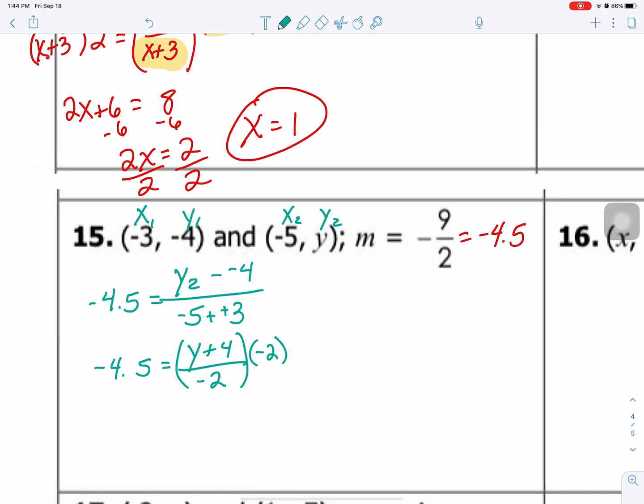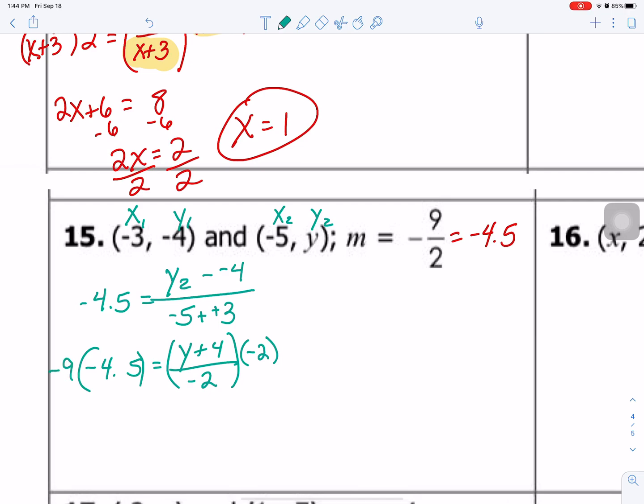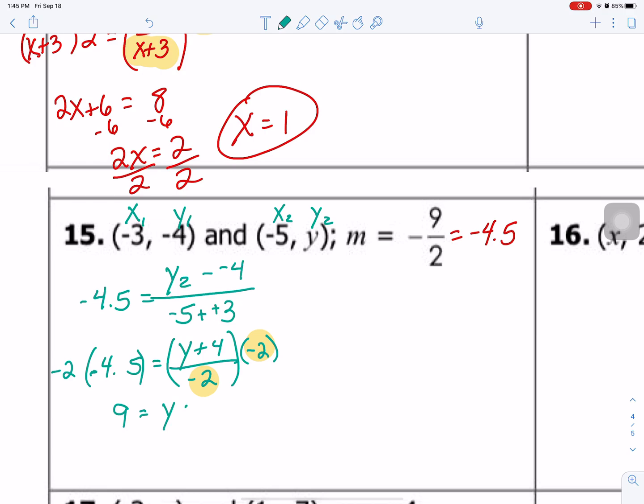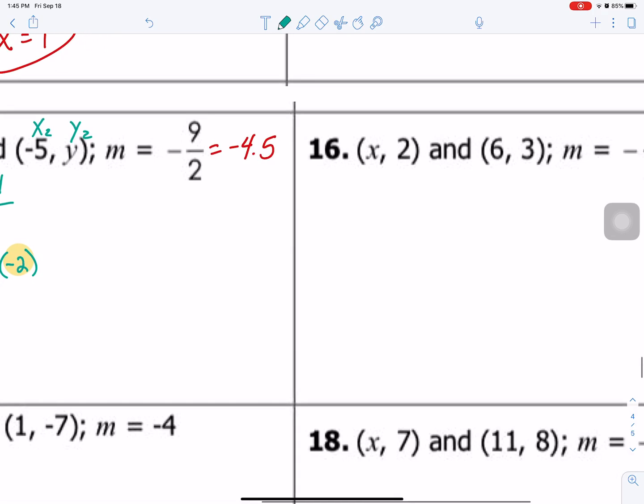So in this case, it's just a negative 2. So I get positive 9, negative 2 times negative 4.5. This negative 2 is canceled with that negative 2 equals y plus 4. And then I'll subtract 4 to get that y equals 5. So the y's, because there's no variable in the denominator, it just makes life a little bit easier.